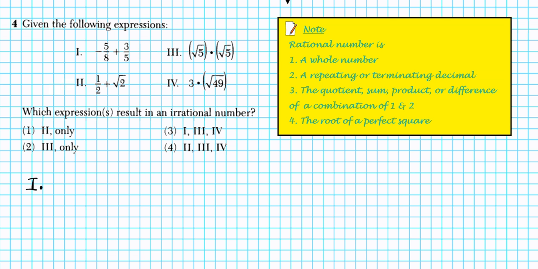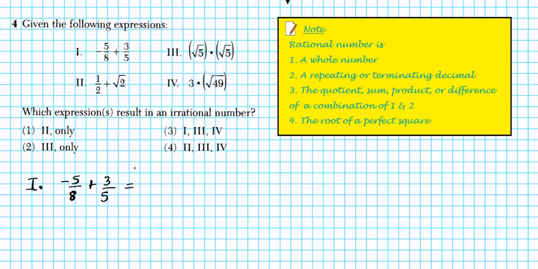So option 1, negative 5 over 8 plus 3 over 5. What do we have here? The numerator and the denominator are integers, so this is a rational number. The numerator and the denominator here are integers. Remember, the quotient of any of these types of numbers is rational.